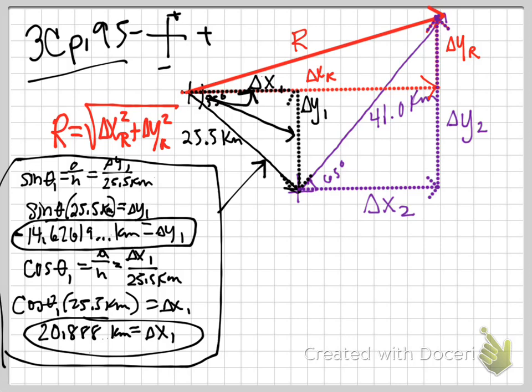No. But you darn well better make sure that you realize that the y resultant is the difference between your two y's. You're adding them, but that y resultant is less than your second y displacement because they're working against one another. One's in one direction, one's in the other.